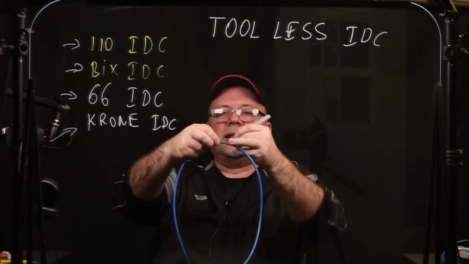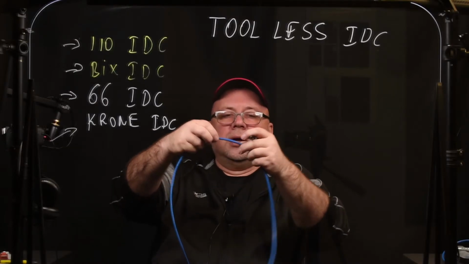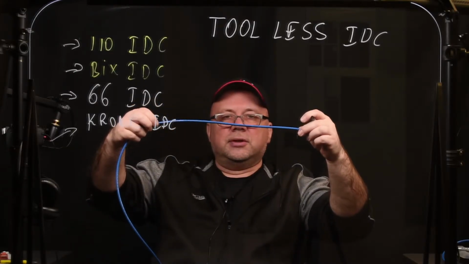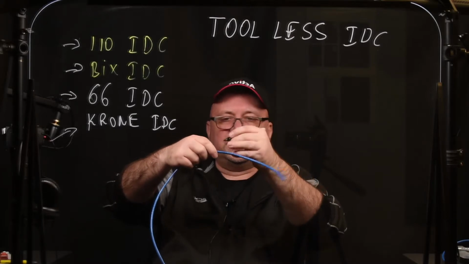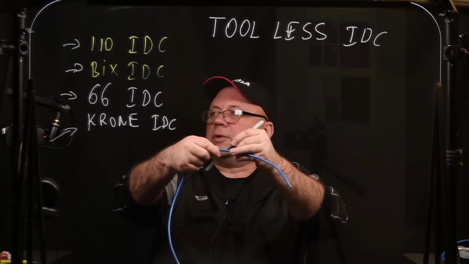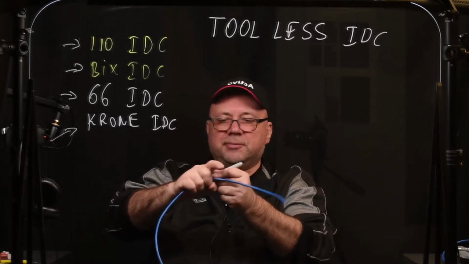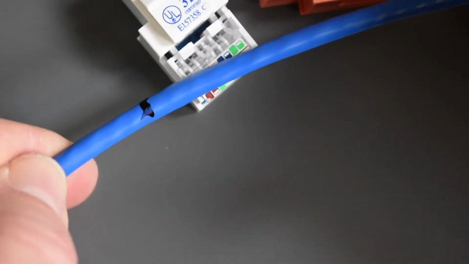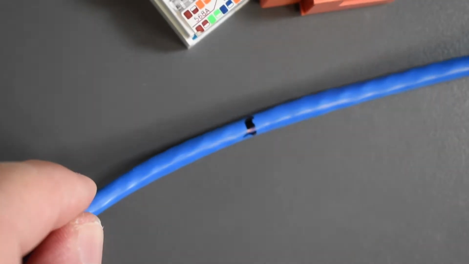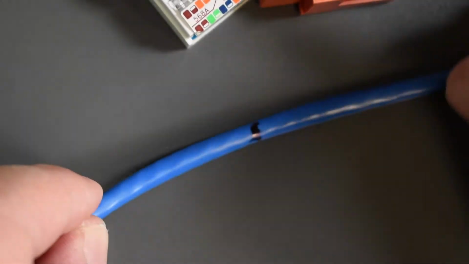So I'm just going to make a little mark here. Well, let's just do a little bit so we don't waste as much wire. Just a little notch. There you go. And of course, it is important to have those wires labeled.